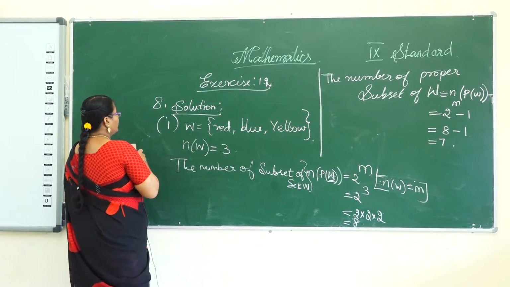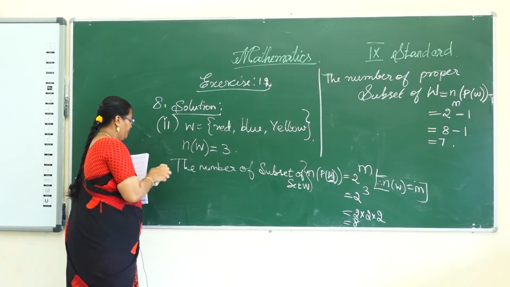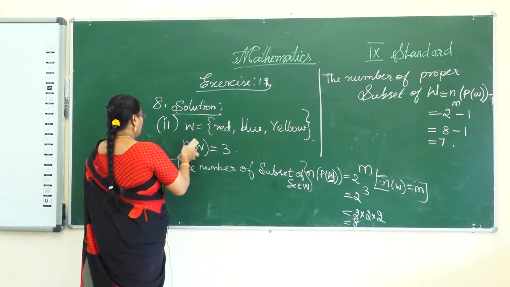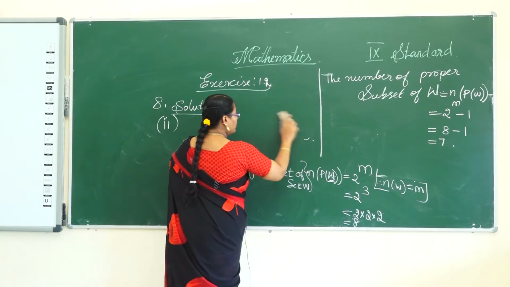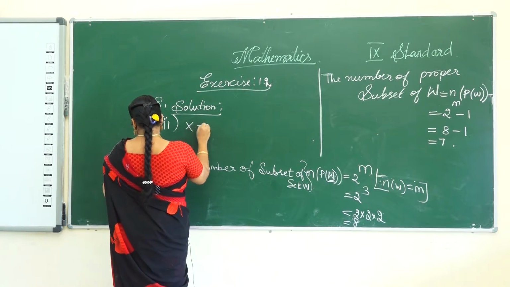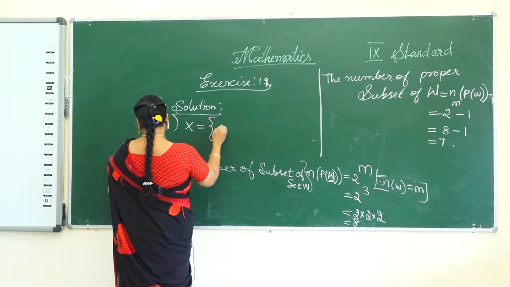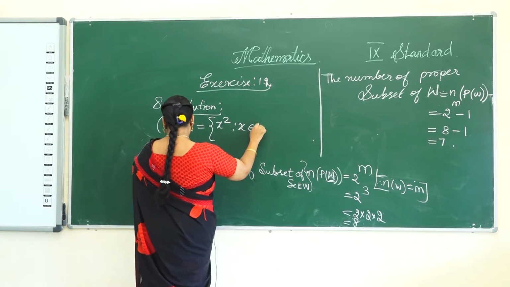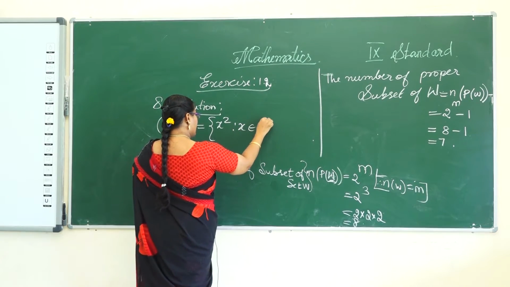Okay. And next one, subdivision 2. Set builder form is given. X is equal to the set of all elements x squared such that x belongs to N. N means natural numbers.